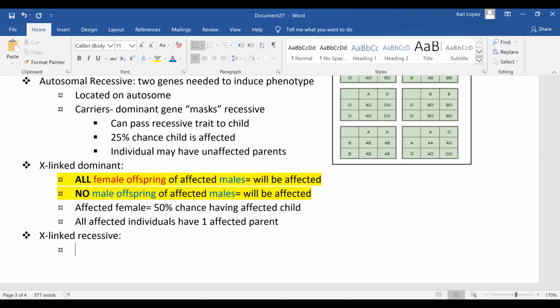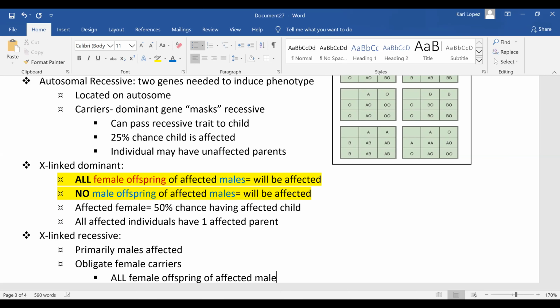Primarily males are affected. You have obligate female carriers. So what does that mean? That means that all female offspring of affected males will be a carrier.